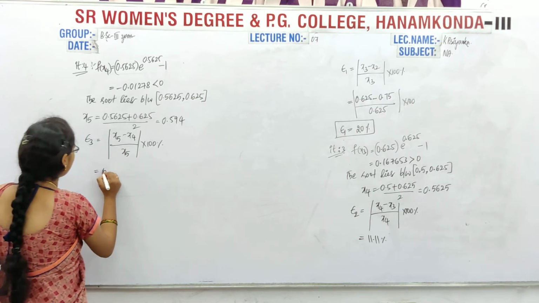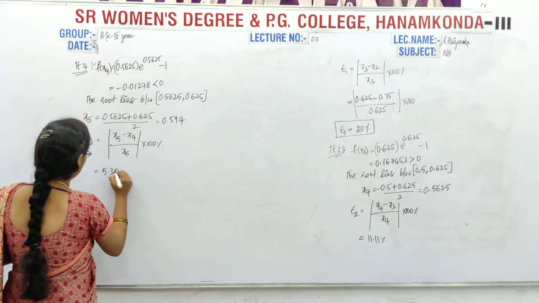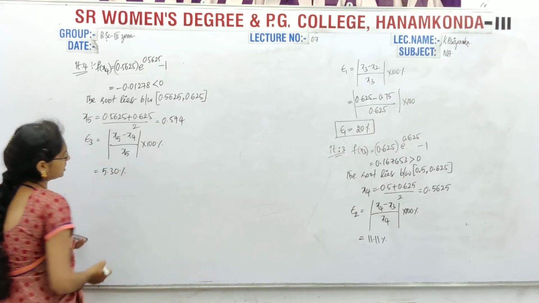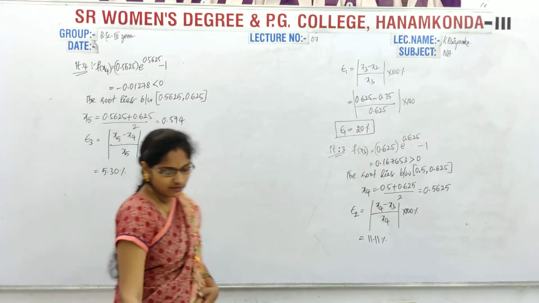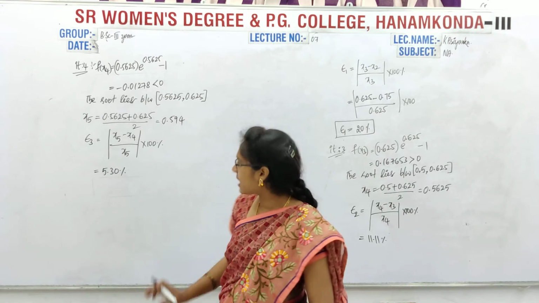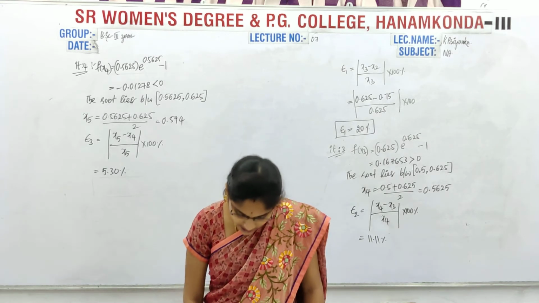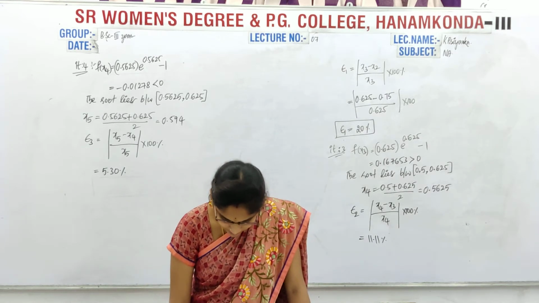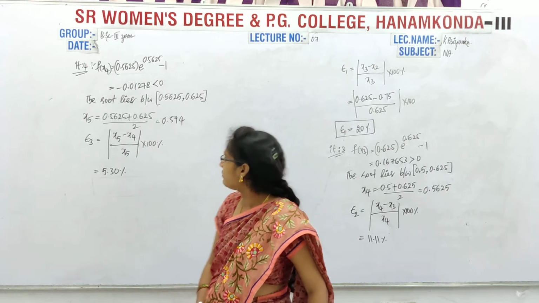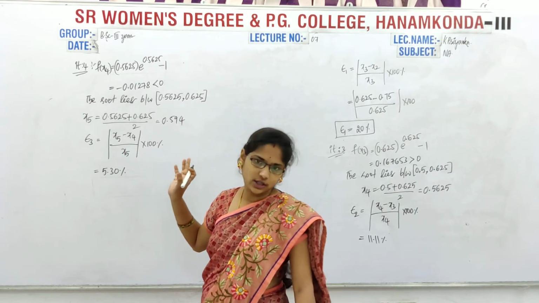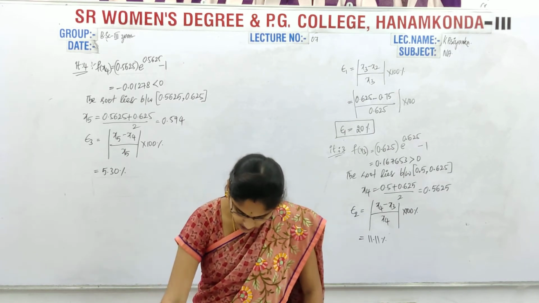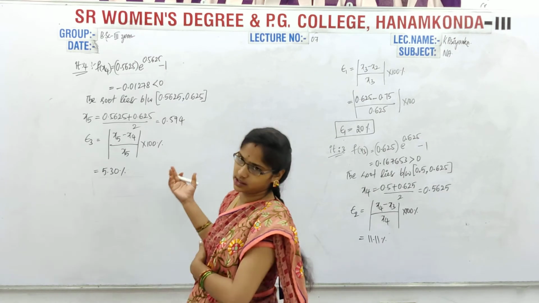It is 5.63030 and so on. So I am taking that percentage. So see, if you observe this one, what is happening? Obviously the error is decreasing, alright. So now here for x5 we have 0.594, otherwise we can take the exact value also.